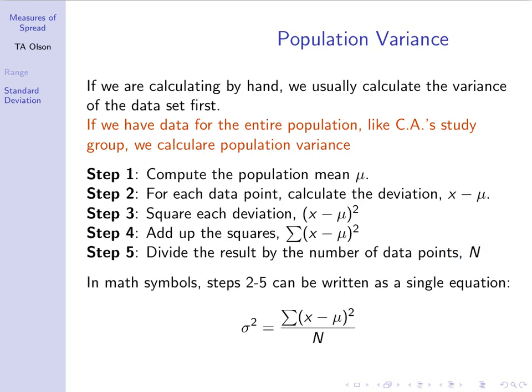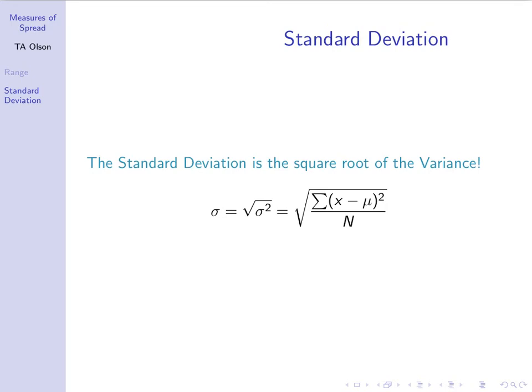In math, we can actually compactly write steps 2 through 5. The variance is going to be equal to the sum of the squares of the deviations divided by the total number of data points. And at last, our standard deviation is simply the square root of the variance. I'll probably end up saying this a lot.